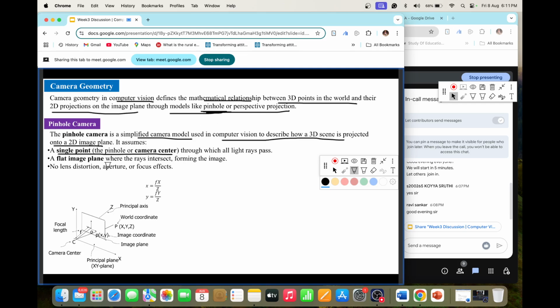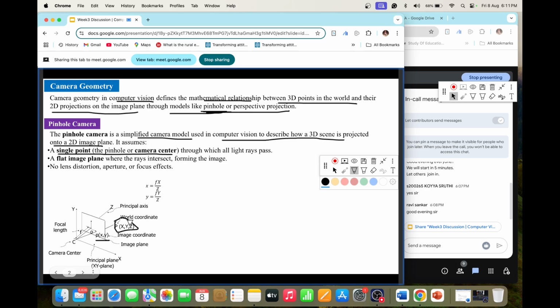Now what are these statements telling? This is a figurative demonstration of the pinhole camera. So this is the point in the 3D real space. P (X, Y, Z) is the point in the 3D real space. And this p (x, y) is a point on the image plane.